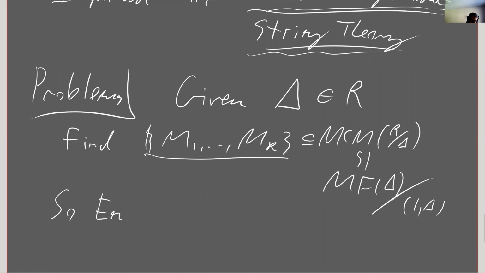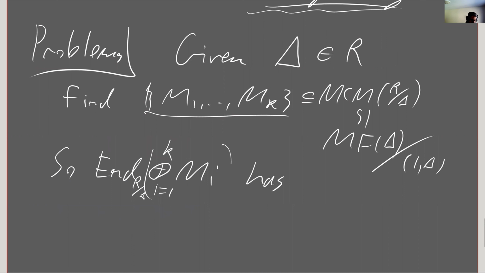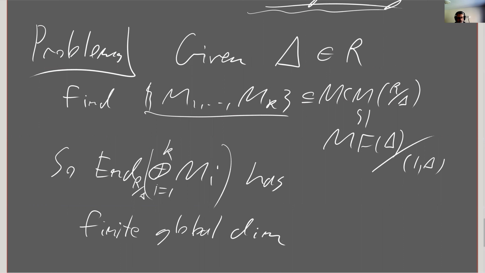The endomorphism ring of the direct sum of the M_i, this endomorphism ring over R mod delta, has finite global dimension. Okay, so this question is of interest.